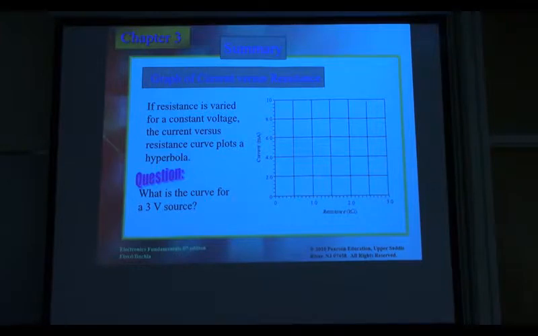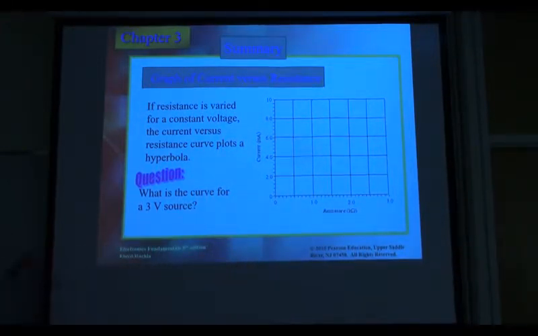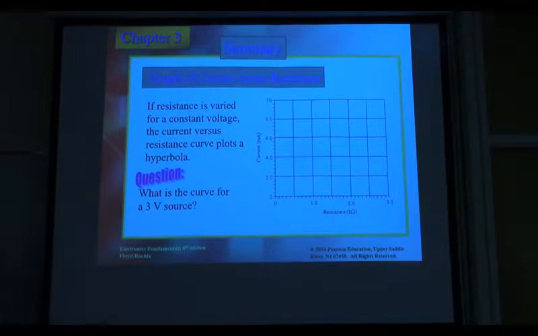What we draw here is the resistance and the current. So what does this curve look like? You can see the product equals 3. So if R equals 1, then I must equal 3. If this one equals 1, this one will equal 3.